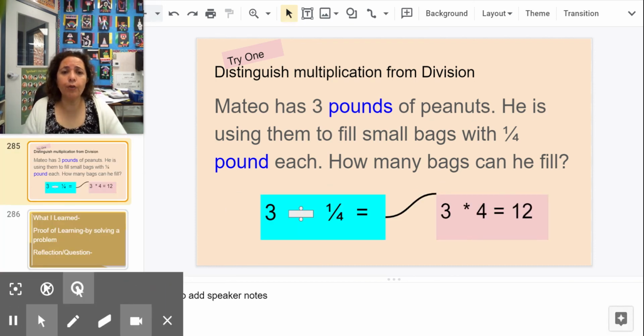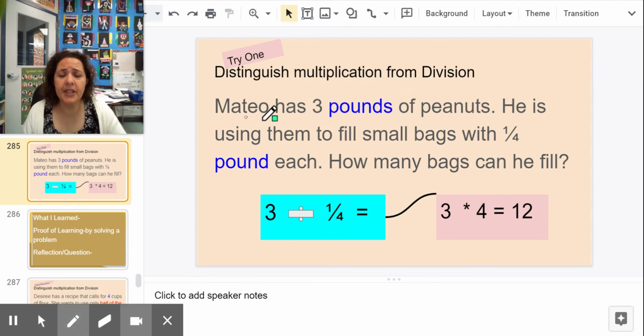Okay, well, hopefully you said division, right? Mateo has 3 pounds. He has, so we have the total. They give us the total amount. And then look at the number 3. What do we have? Pounds. The other number, 1/4, what's after that? Pound. Same label. So hopefully you said it's division. What's my total? Remember, the total goes first: 3.